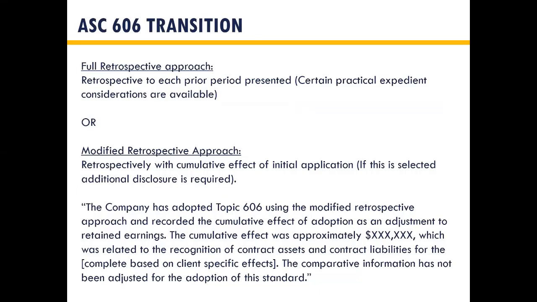Full retrospective approach, where you would restate each period that is presented in the financial statements, or you can go with the modified retrospective approach, which is a cumulative effect in the initial year of application. If that is selected, there's an extra disclosure that's required there as well.